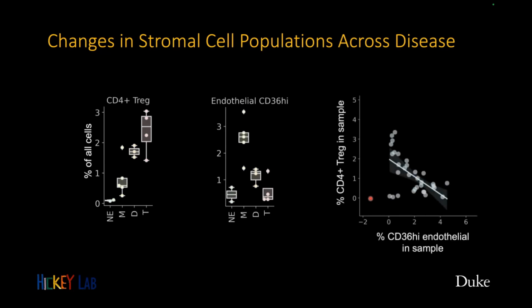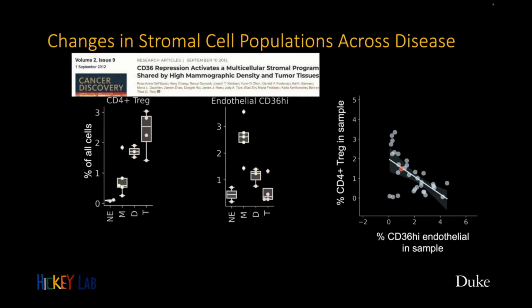And the reason that this is interesting, one, because we saw a negative correlation between these Tregs and endothelial cells in our samples, but also our collaborators had seen that change in CD36 within the stroma changes the response in breast cancer. So this seems to be a conserved tissue signature of stromal remodeling in cancer, and that impacts overall outcome.